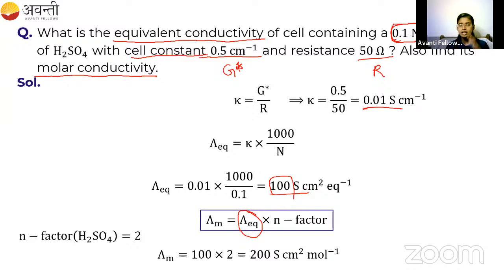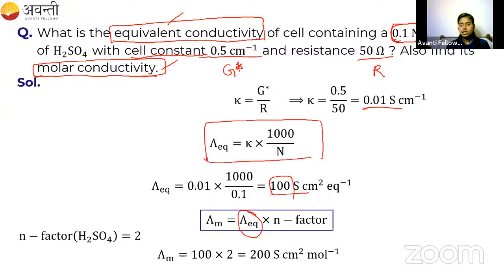Like that, you have to think and recollect all the things you have studied. First of all, write all the given values. Then go for the terms which have been asked, equivalent conductivity and molar conductivity. After seeing these two, think of the formula we have to apply to solve this question. After recollecting that formula, think about the terms required to get it. So we need kappa and we need normality.